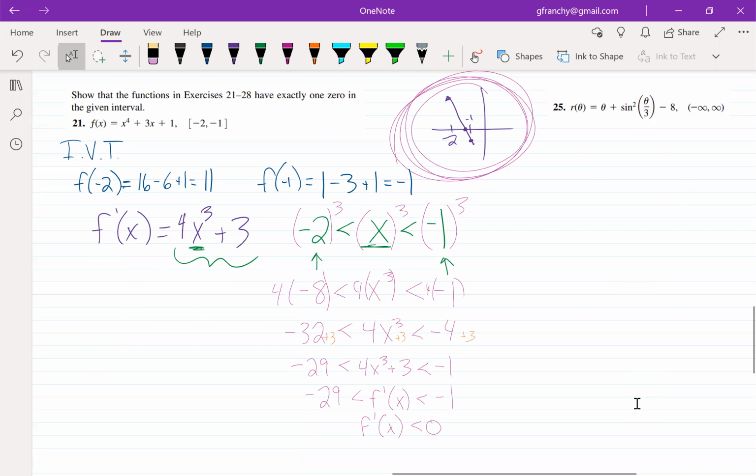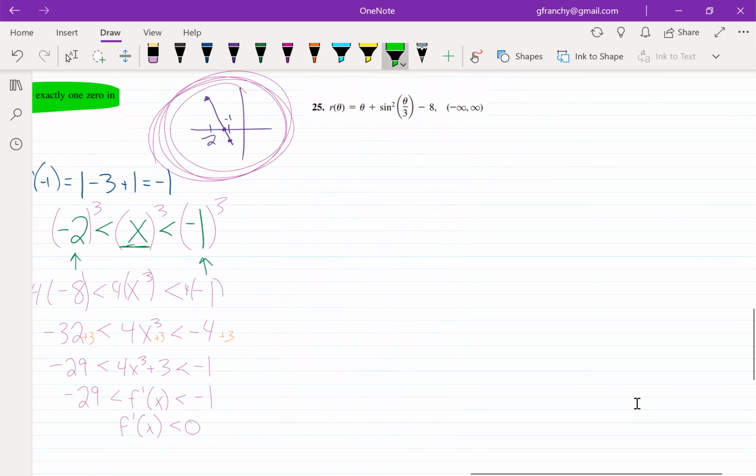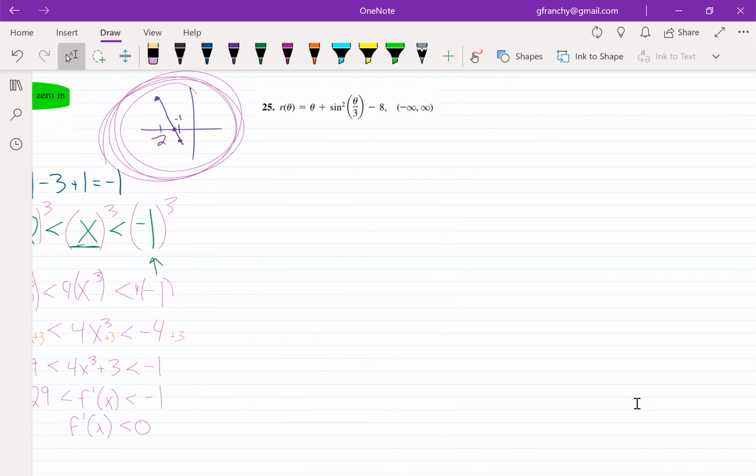Taking a look at question 25 out of chapter 4, section 2. And this one is requiring us to show that it has exactly 1 zero in the given interval. So let's give myself some room to work over here.